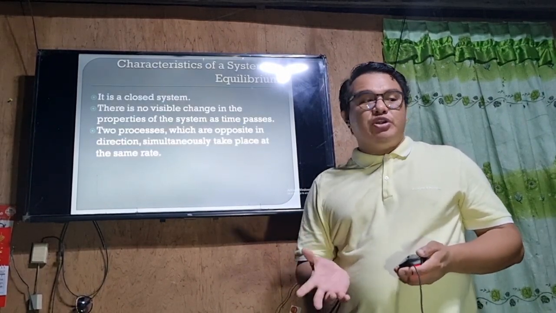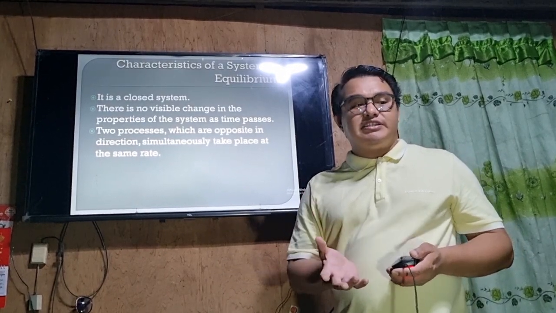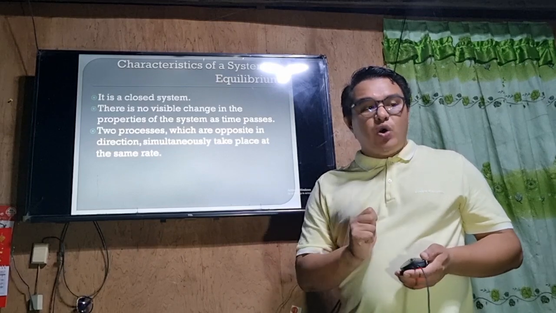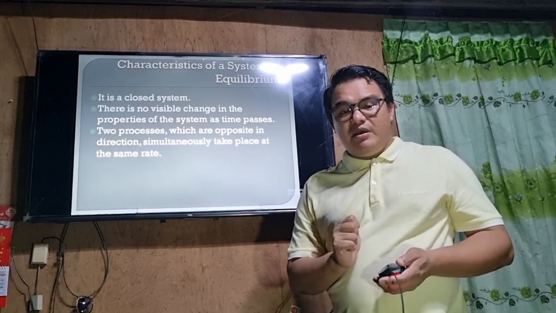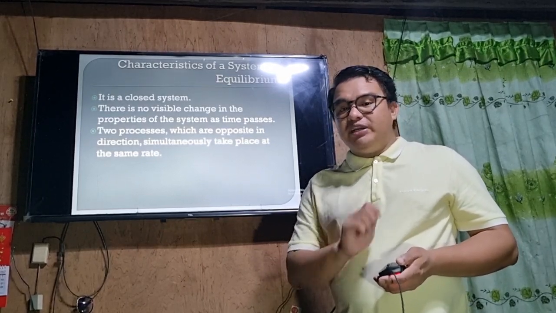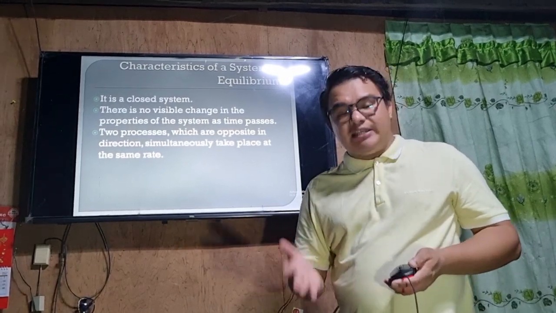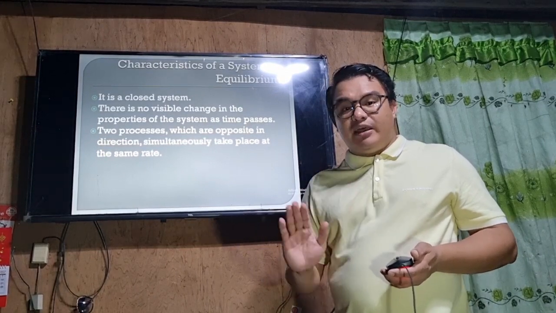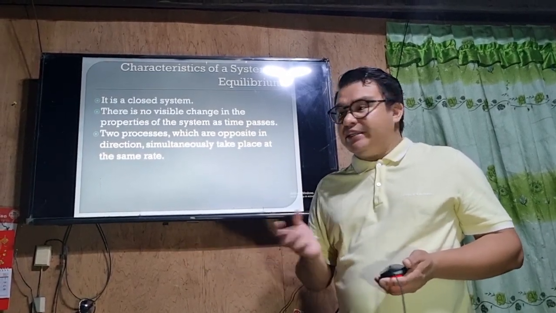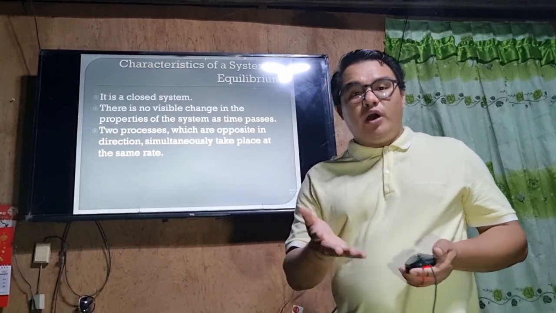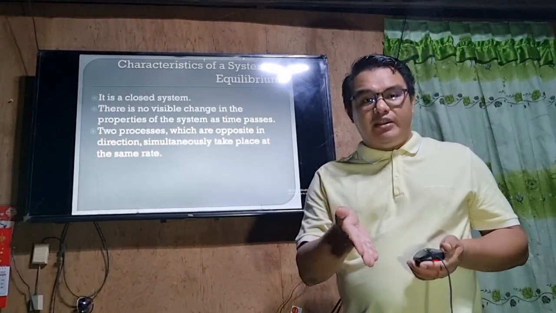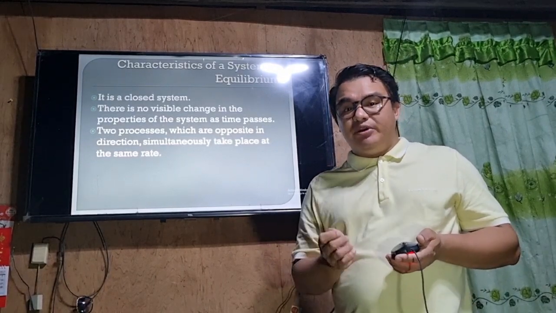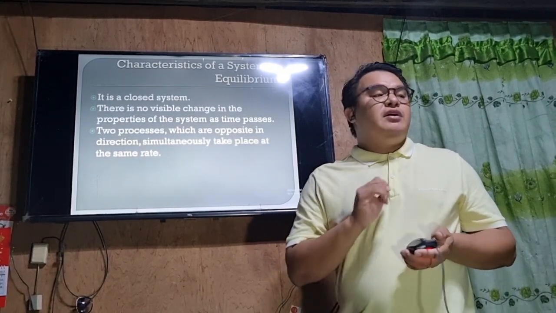In chemical equilibrium, we also observe some characteristics of a system. First, it is a closed system, meaning there will be no change at all in the matter in the system. For example, water cannot be evaporated from the system in the same manner that water cannot be added to the system, because the system in equilibrium is closed.